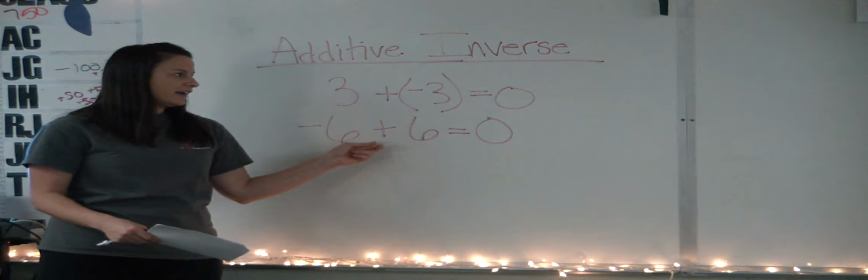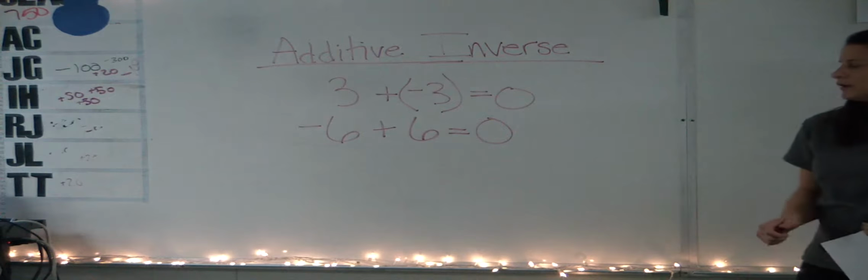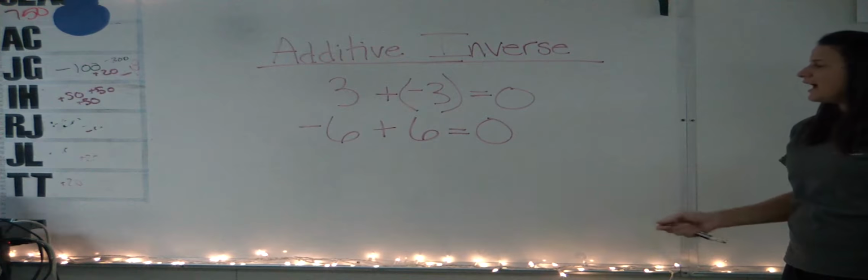What are some things that you guys can think of in the real world where we see additive inverse? What are some examples we can give where additive inverse comes into play?